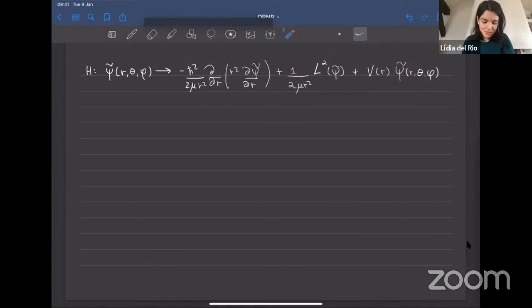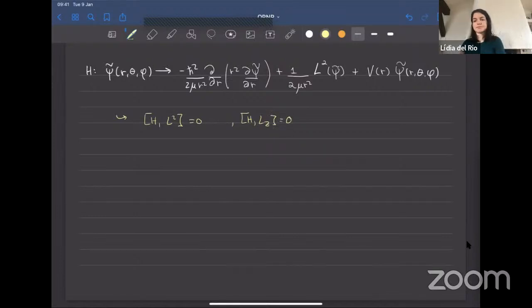So from here, the conclusion is that the Hamiltonian commutes with L squared, and it also commutes with LZ. If you want to do it properly, not just by looking at it, you can look at it and say, well, L squared and LZ don't depend on R. The Hamiltonian parts that don't depend just on R are L squared, so everything commutes.